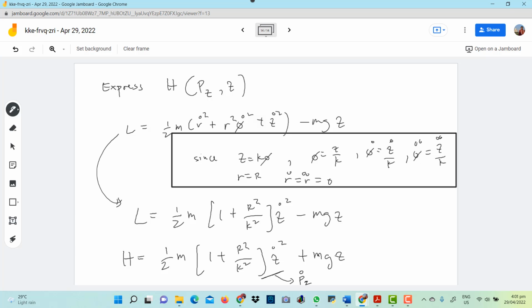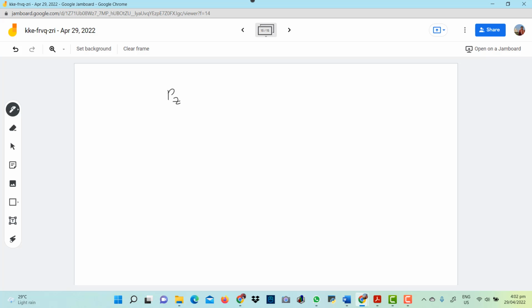Okay, the technique is that we know pz is just equal to partial L with respect to z dot. From this I can solve for pz equal to m z dot (1 plus r squared over k squared). So if I differentiate L with respect to z dot, I get pz equal to this.